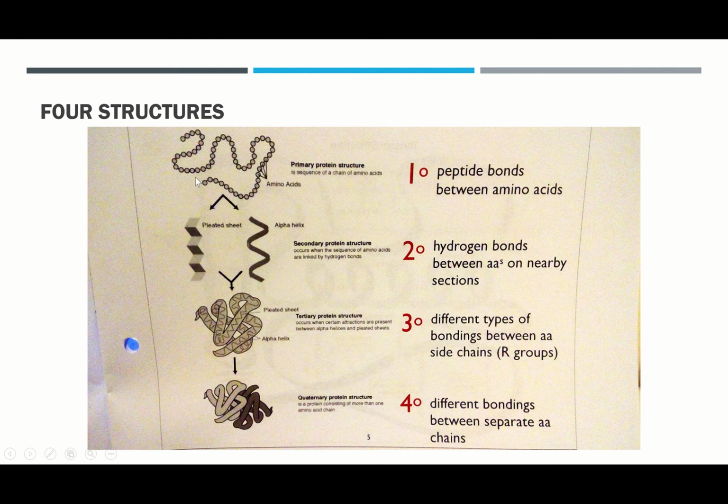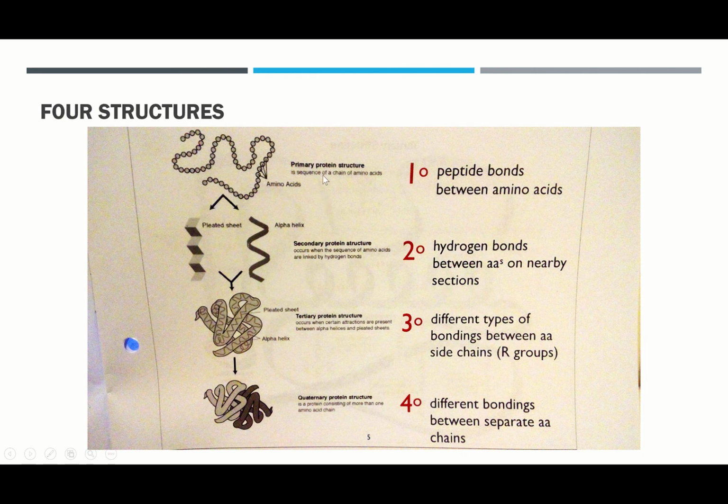Amino acids are made from three codons or three anticodons. And there are 20 different types of amino acids. These 20 amino acids put into different sequences will give you different proteins with different structures and different functions.